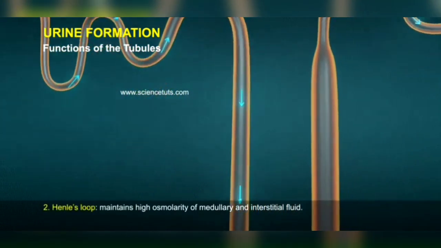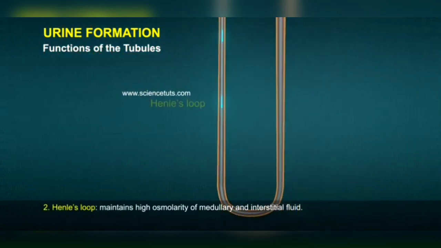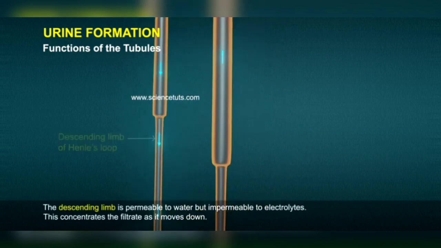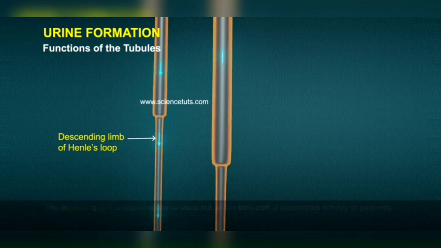2. Henle's loop maintains high osmolarity of medullary interstitial fluid. The descending limb is permeable to water but impermeable to electrolytes. This concentrates the filtrate as it moves down.